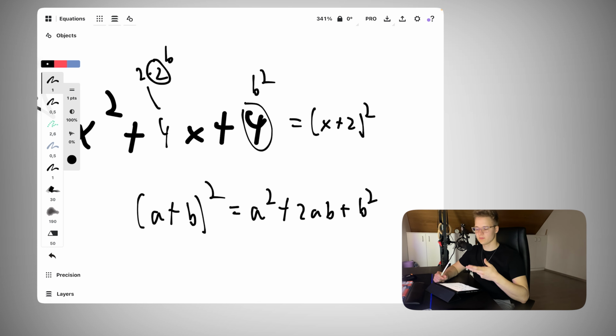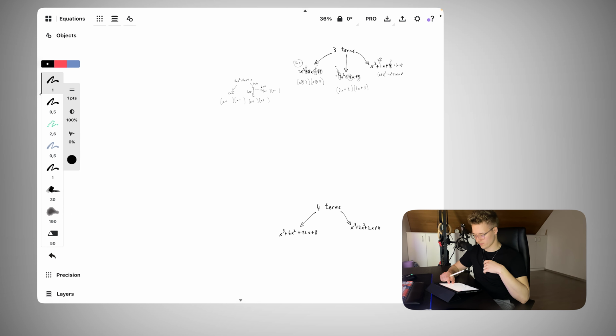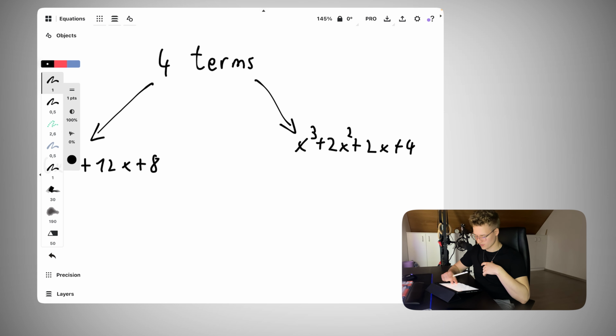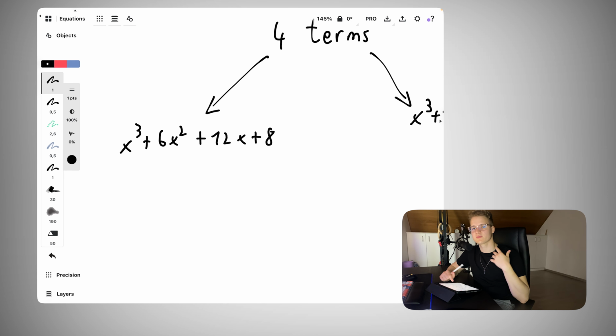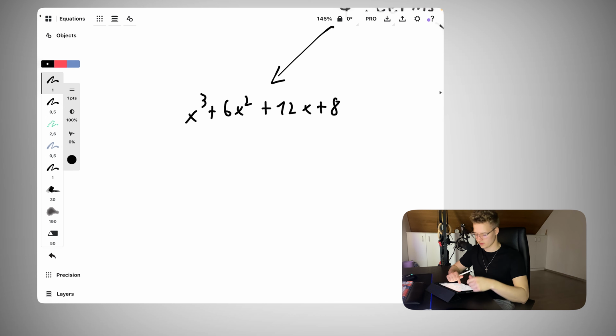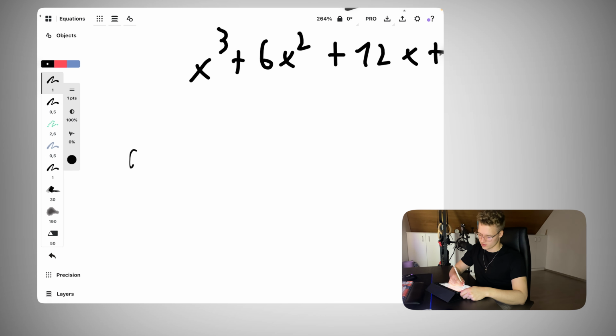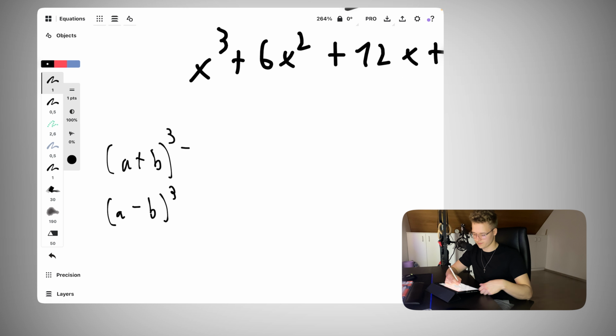This is another example, and yeah, lastly, we have what if we have 4 terms? Well, if we have 4 terms, we have 2 formulas that you need to remember. So we have a plus b to the power of 3 and a minus b to the power of 3.